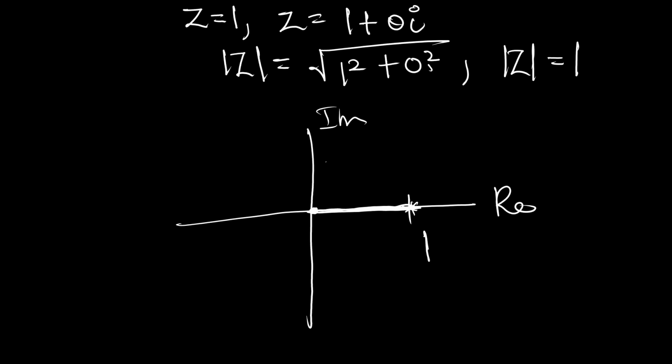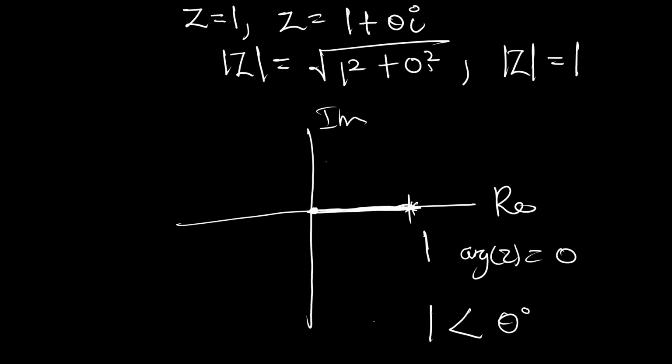So I'm going to have 0 angle between them. Therefore, we are going to get argument of z as 0. So this complex number is having a modulus of 1, an angle of 0 degrees.